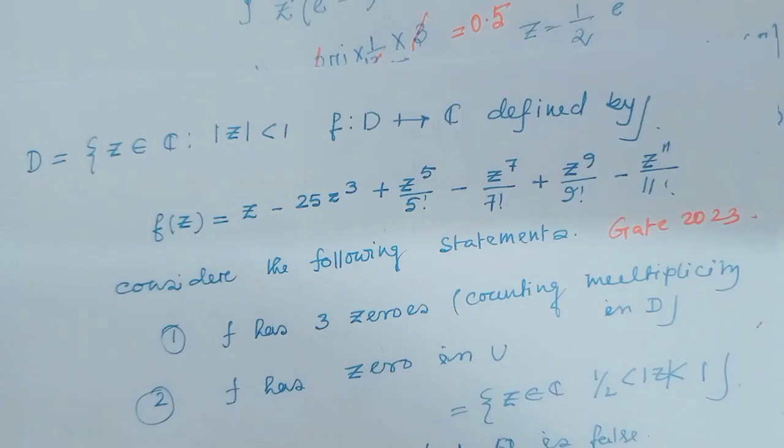Okay. D equals the set of z belonging to C such that mod z is less than 1. Here f maps from D to C, defined as f(z) equals z minus 25z cube plus z to the power 5 over 5 factorial plus z to the power 7 over 7 factorial, minus z to the power 9 over 9 factorial plus z to the power 11 over 11 factorial.